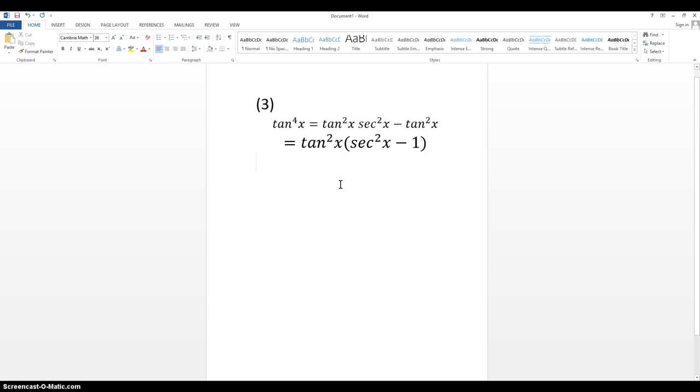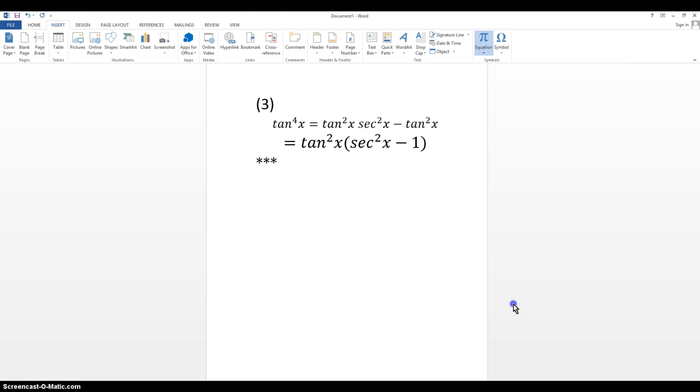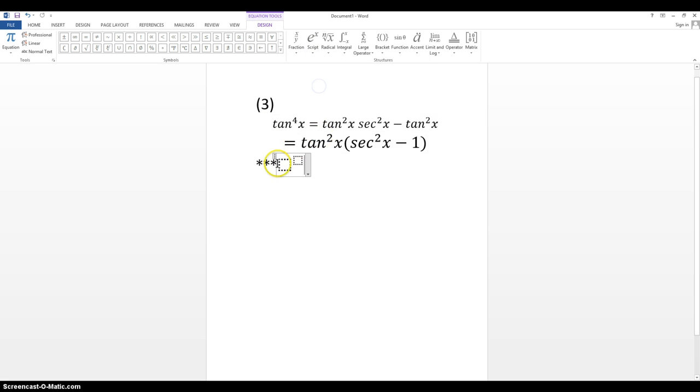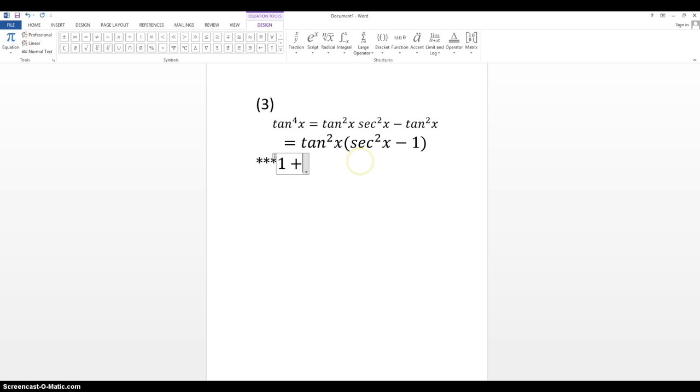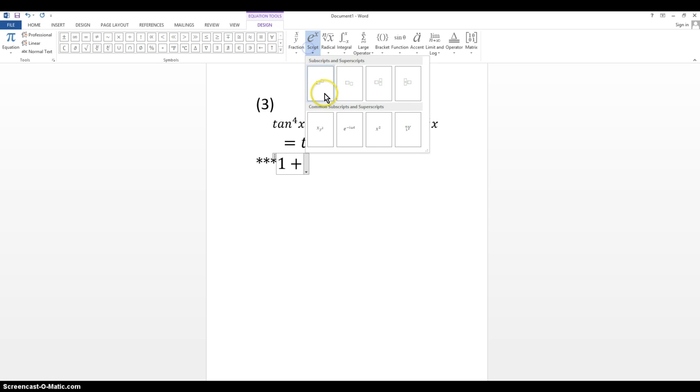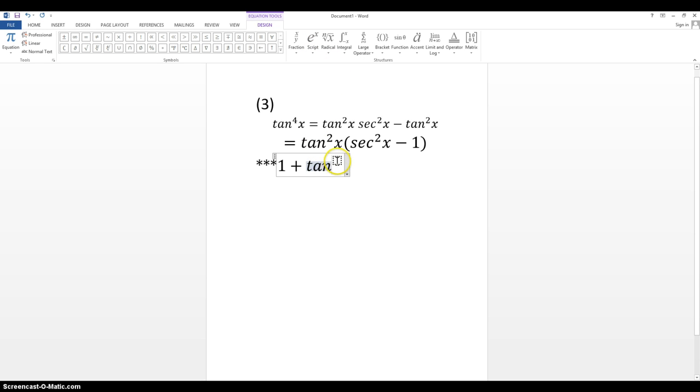The parentheses has secant squared of x minus 1. If you remember correctly, and I'm going to star it, we have an identity that says 1 plus tangent squared of theta, in this case x, equals secant squared of x.